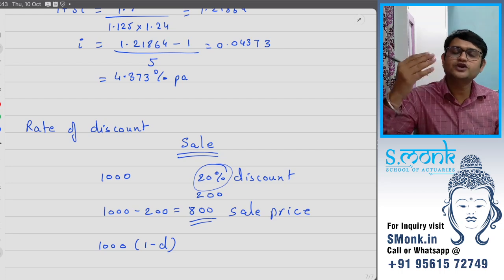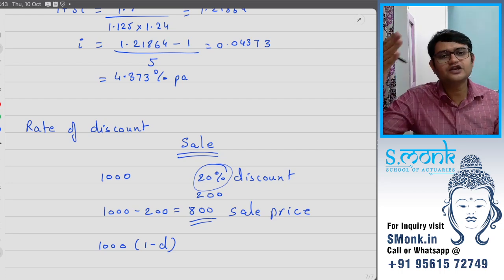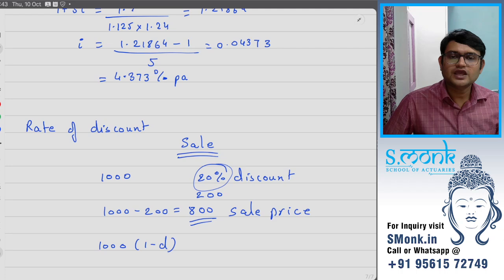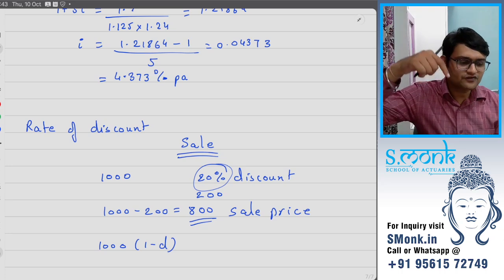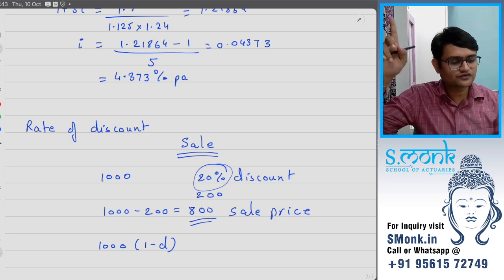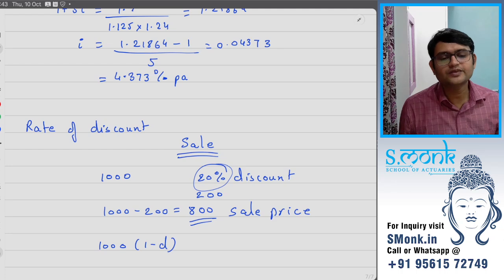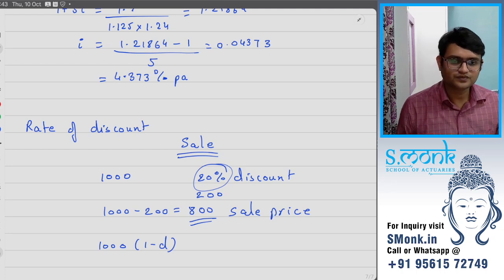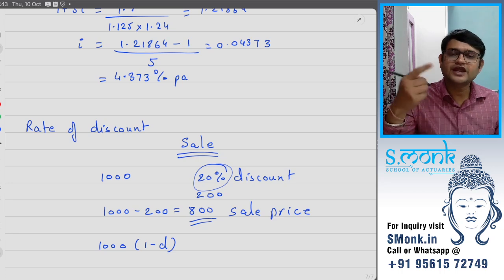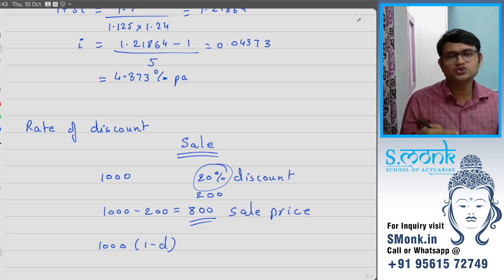So how much money should I put in today so that I have exactly 5 crore rupees in 5 years' time, right? So what I need is to find the present value when I know the future value, when I know the accumulated value. Okay. So for such calculations, the rate of discount is easier to use.